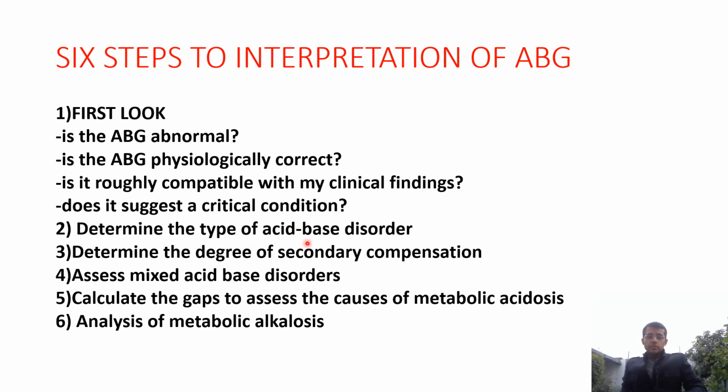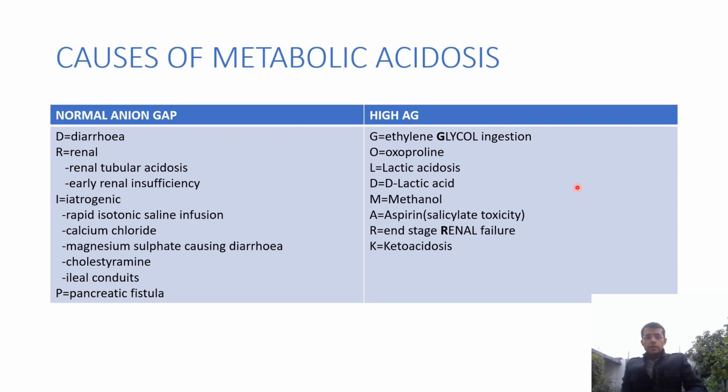Determine the type of acid-base disorder, determine the degree of secondary compensation, assess mixed acid-base disorders, calculate the gaps, we will talk about the gaps, and analyze the metabolic alkalosis part. So we will be talking in examples with clinical practical examples.